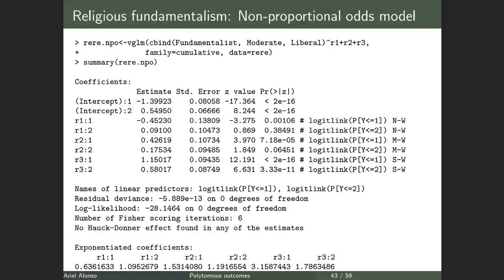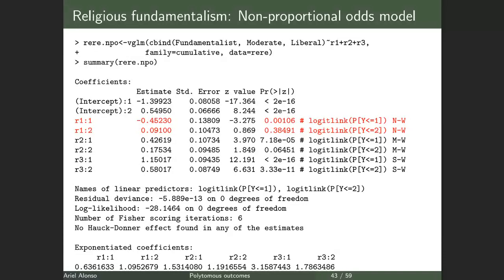So what you can do in such a situation is try to fit a model in which you do not consider the proportionality assumption. And if you do that, what you're going to have now is that the coefficients of the regions are going to depend on the odds.